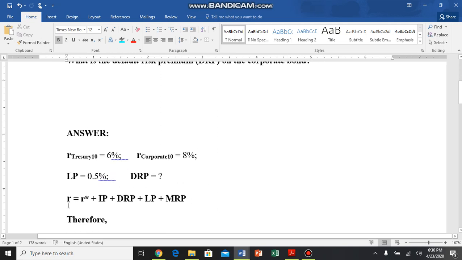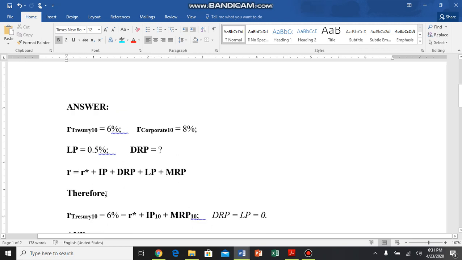Therefore, we know that normally the complete function of the nominal rate that will be used for the corporate bond is: nominal rate equals real risk-free rate plus inflation premium plus default risk premium plus liquidity premium plus market risk premium.